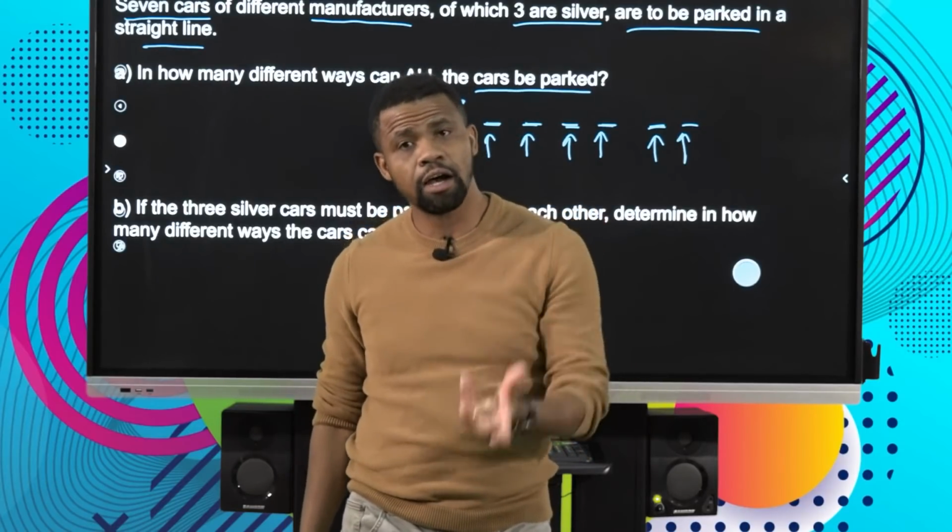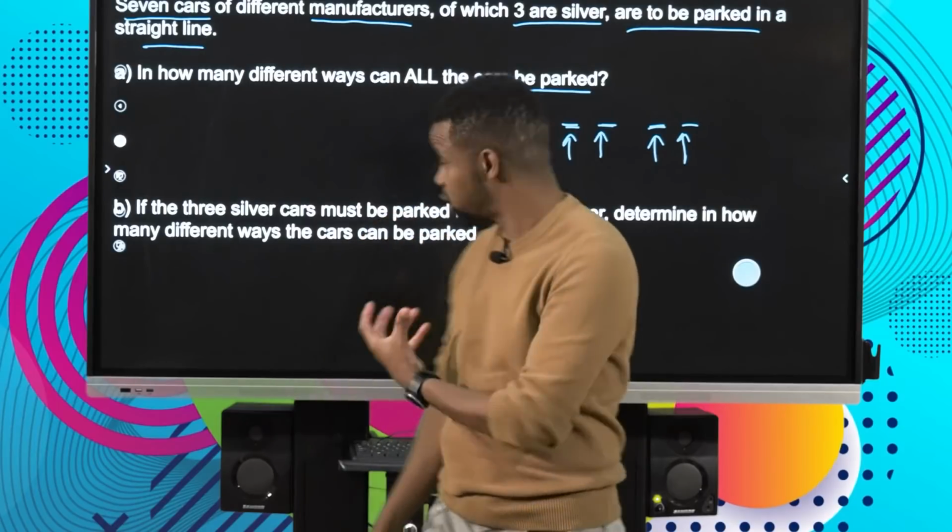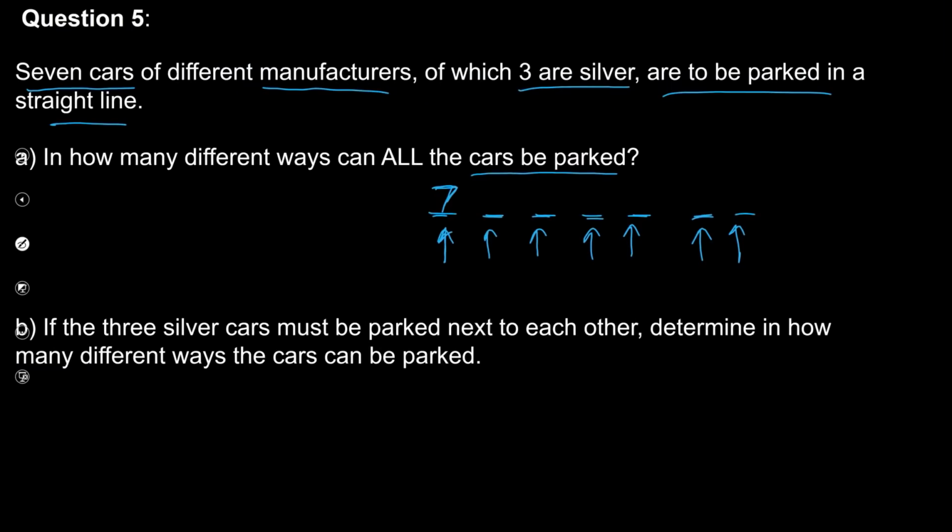So the first spot has been taken. The next car has how many choices left? The next car has 6 choices. Then that spot has been taken, so the next car will have 5. Then the next car will have 4, then the next 3, then 2, then the last car will have only 1 choice because the rest will be taken.